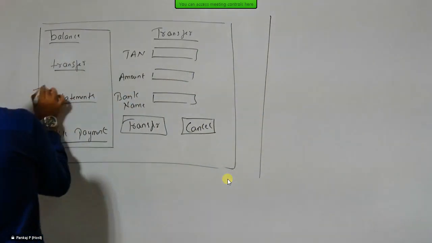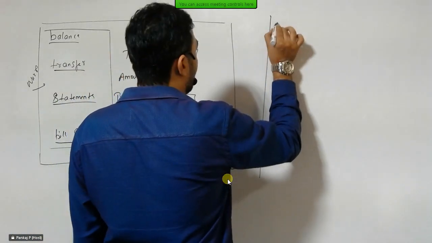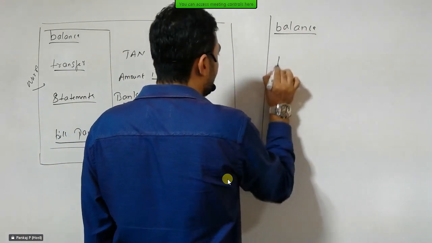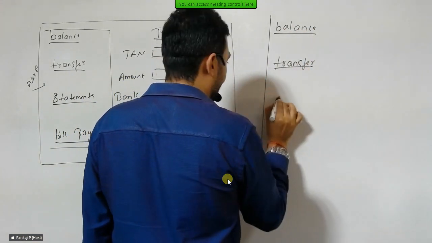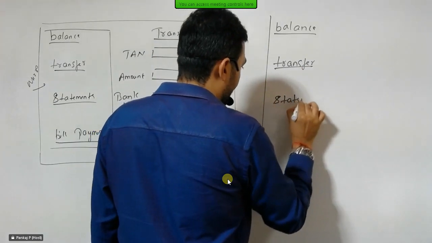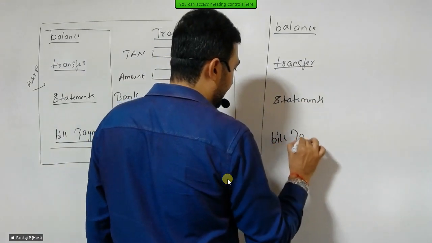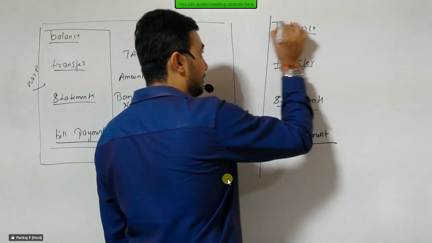When you log in as user A, this is what you see. Now when you log in as user B, this is user B's account: balance, then transfer, then statements and bill payment.